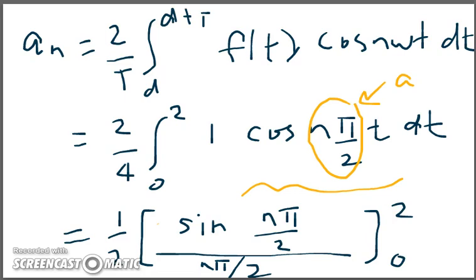After that, we plug in the values of 2 and 0. Before that, sorry, I should have t here. So I now replace t with 2 and after that with 0. So what we have now is an equals half.